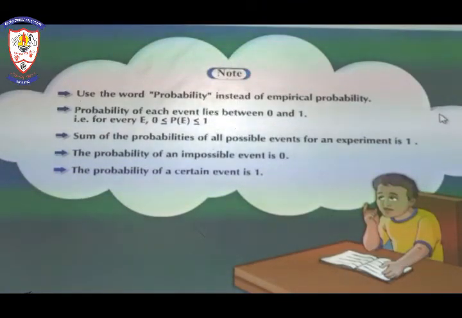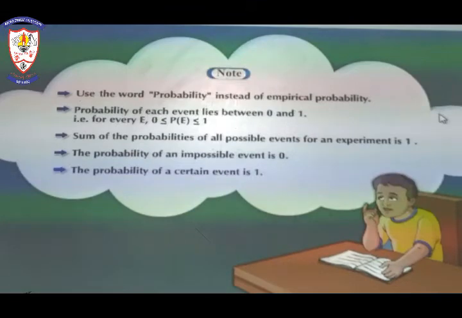The next point is that the sum of the probabilities of all the possible events for an experiment is 1. And the next important point is that the probability of an impossible event is always 0. The event which is not possible has probability 0.